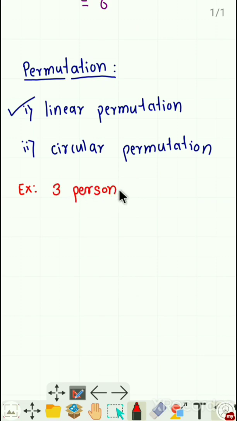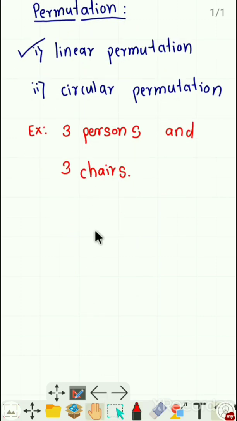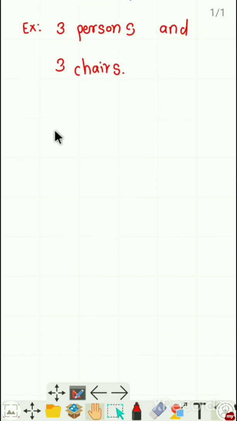Three persons and three chairs. We have to arrange, or do a permutation of, these three persons on three chairs. How many ways are there to do this work?